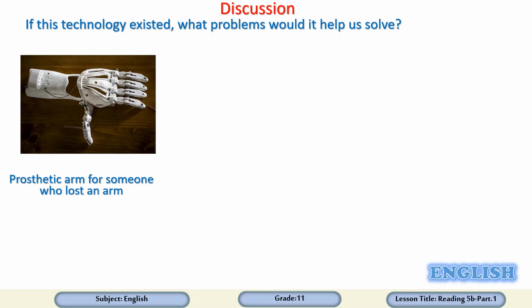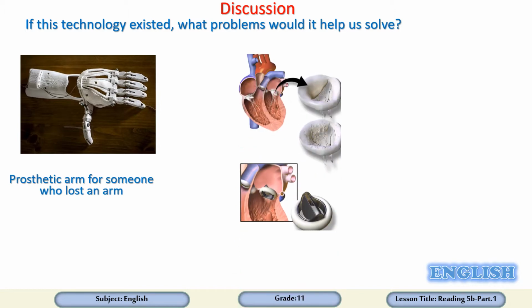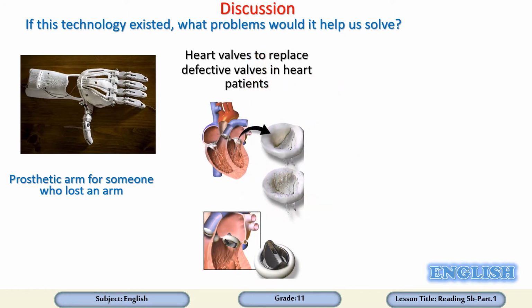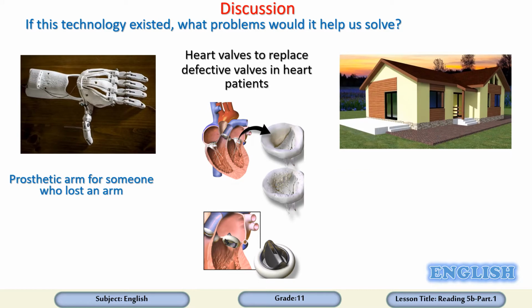Other things? Yes, excellent. It can help us to replicate heart valves, and this would help heart patients. Yes, excellent. It can help us to replicate homes, and this will be very important in cases of natural disasters like floods or earthquakes, when many people are left homeless.